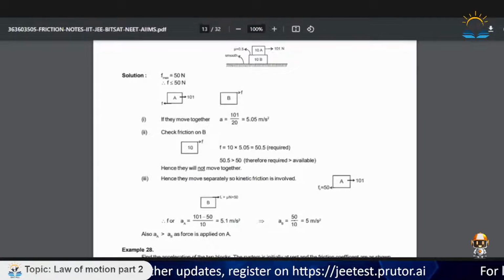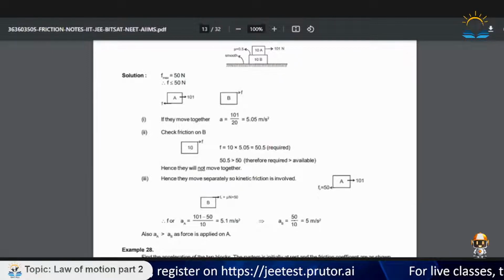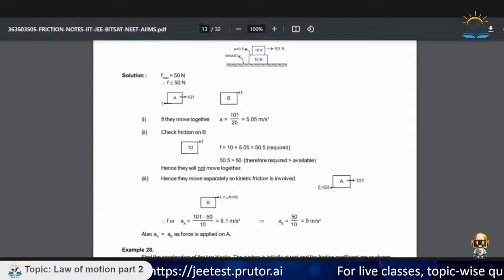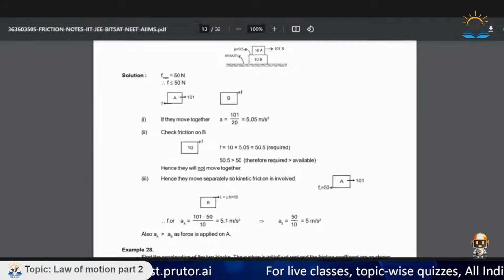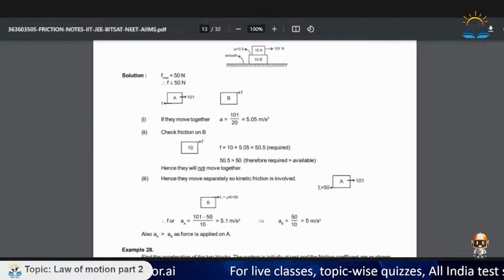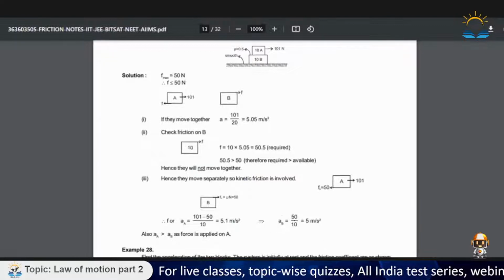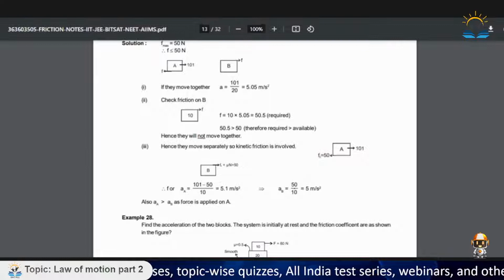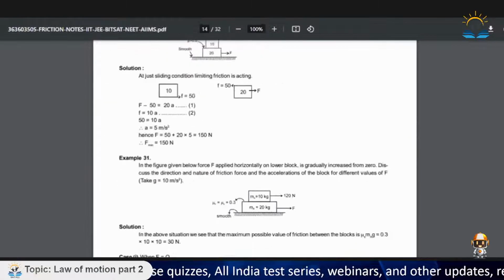So kinetic friction would be acting in the right direction for B. So here we can make the equation: 101 minus F, which we know now is 50 newtons, upon 10 is equal to acceleration, and acceleration of B is 50 upon 10, that is 5 meters per second squared. So these are our two answers. Now let us see some more questions.